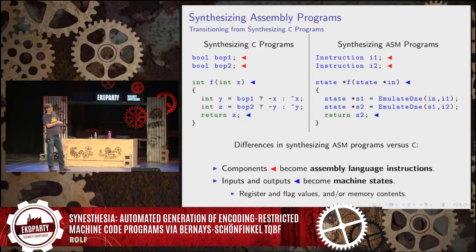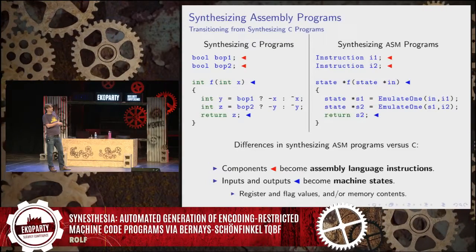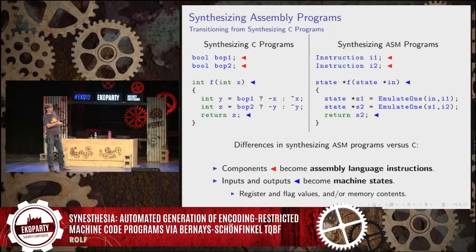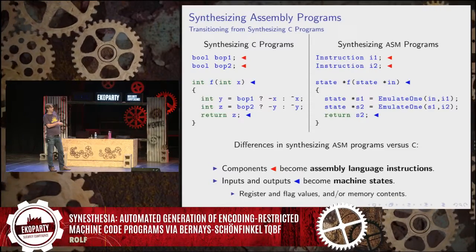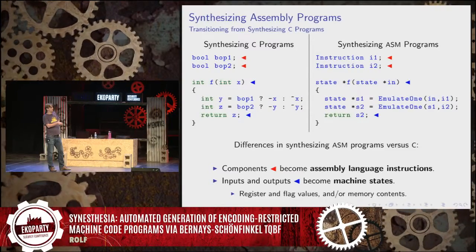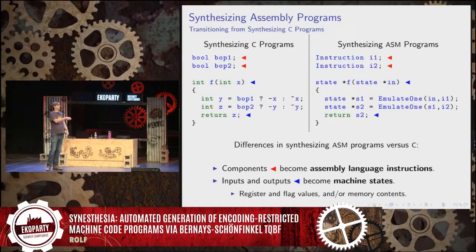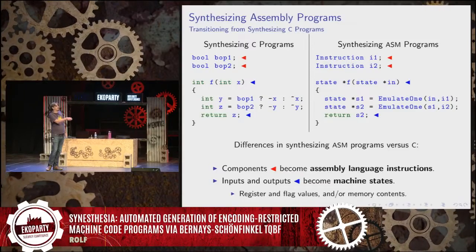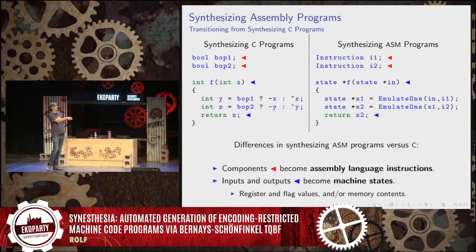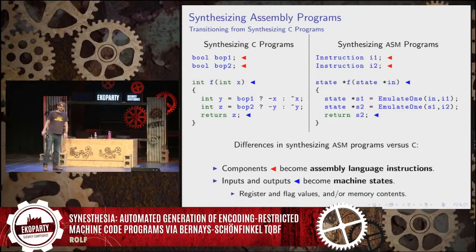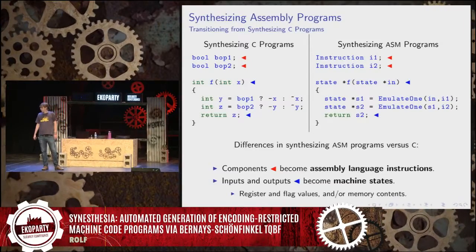And then the individual statements are going to be in terms of the effects of a single assembly language instruction, and that's what we're going to return. So it is ultimately structurally extremely similar. We just have to define this instruction thing, this state thing, and then this function called emulate1, and then we're good to go.